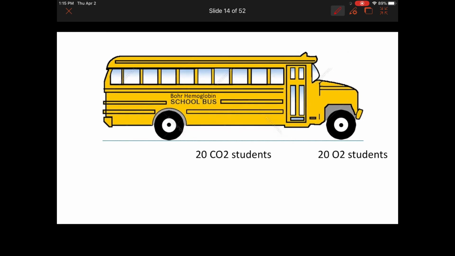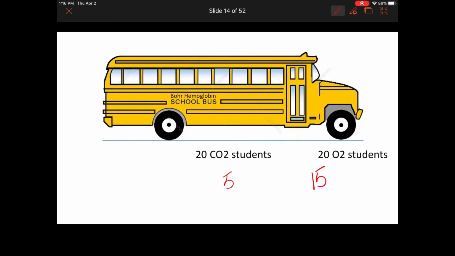So, if, for example, one morning, 15 of the oxygen students showed up at the bus stop, and 5 carbon dioxide students also showed up at the bus stop, those 20 students could get on the bus and ride comfortably.